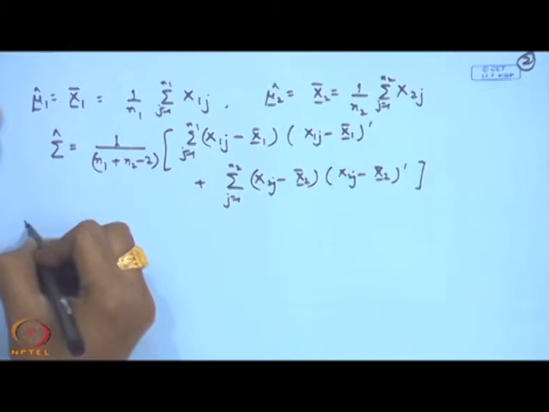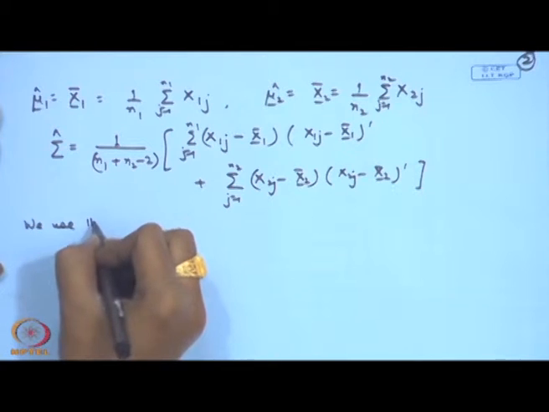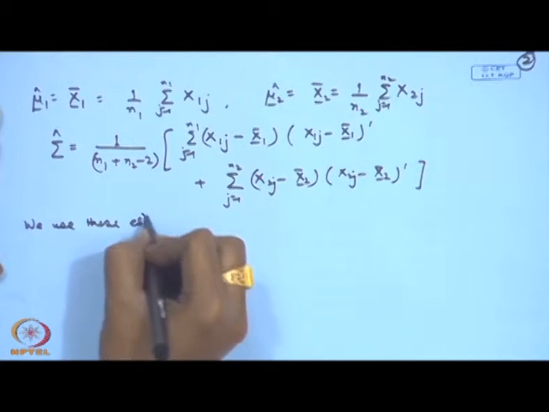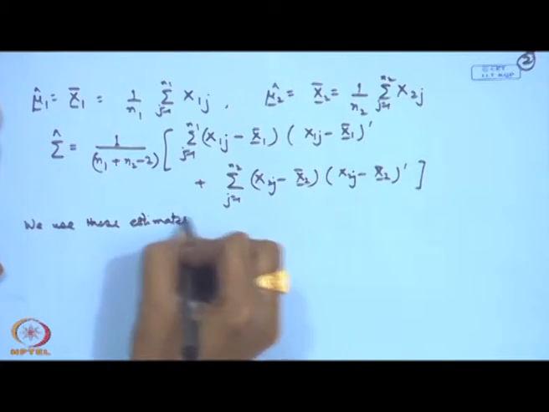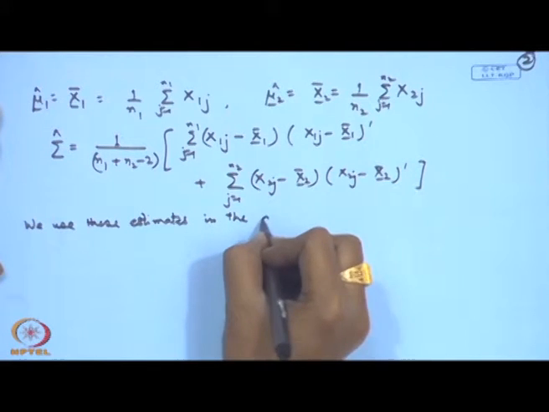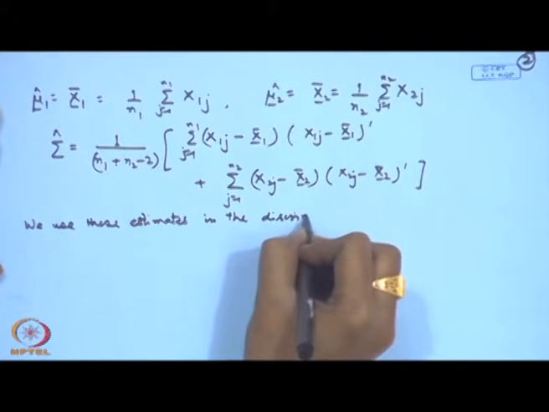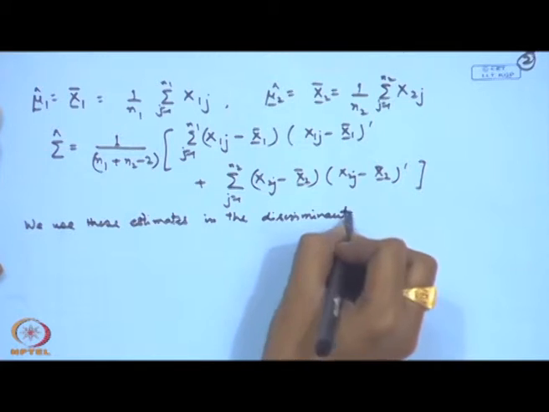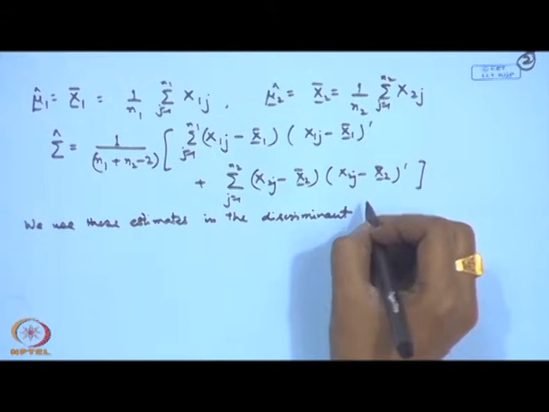So we use these estimates in the discriminant form.